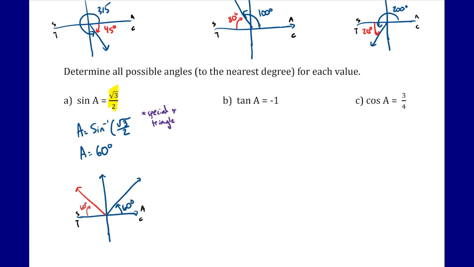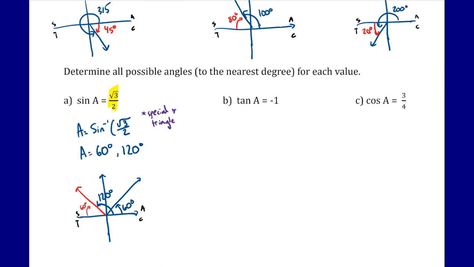I'll use blue to represent both. We have 90 plus 60, so that's 150 degrees. Nope, not 150. Going backwards, 180 minus 60, that's 120 degrees. So if you were to do sine of 60 and sine of 120, you would get the same value.